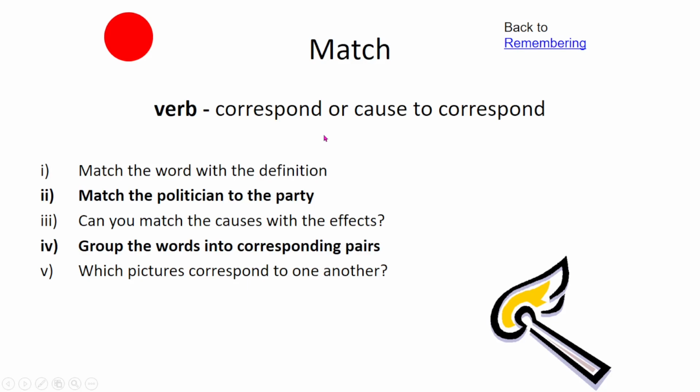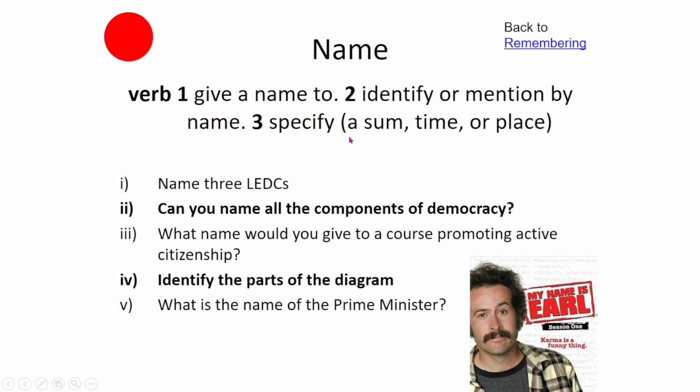Name: give a name, identify, mention the name, specify. My name is Ali. Can you name all these components of democracy? What name would you give to the course promoting activity? Identify the parts of the diagram.